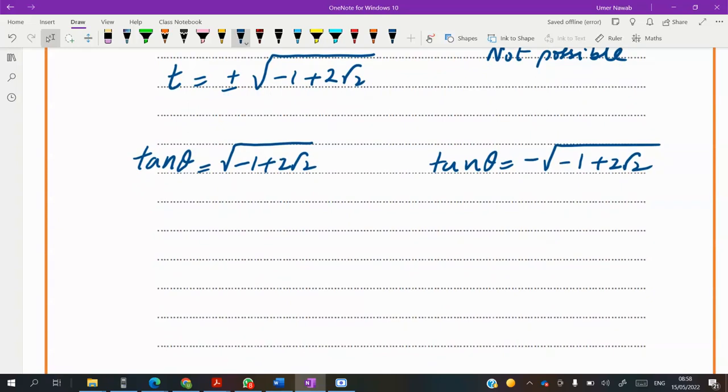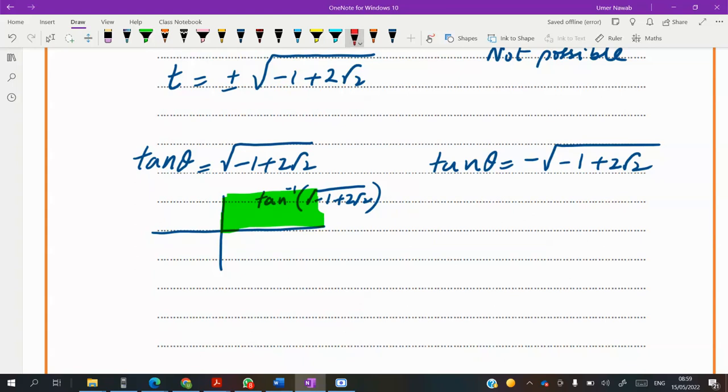Now, shift tan, you write here shift tan square root of minus 1 plus 2 square root of 2. I'm expecting my answer in the first quadrant and the third quadrant, but the third quadrant is not included.